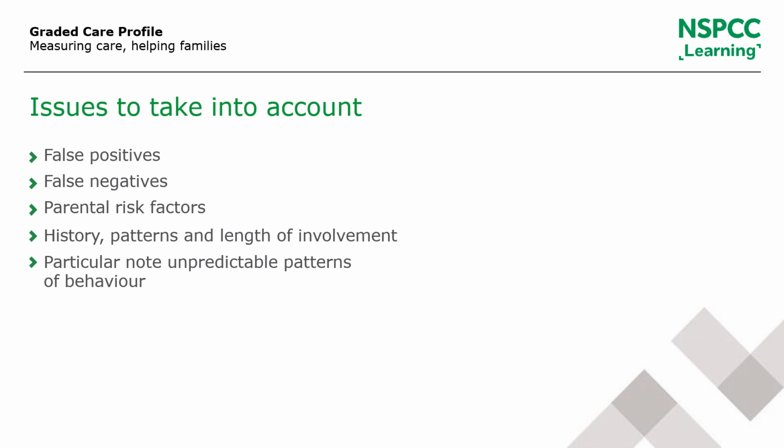And we might need to make particular note of unpredictable patterns of behaviour. That would be things like that up and down parenting. One minute parenting is great, the next minute it is awful, and there's not really much in between. What is that like for that child or young person? And again, take consideration and account of that in any reports that you complete.